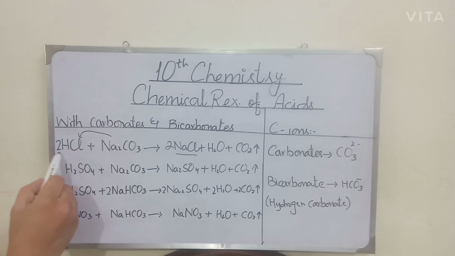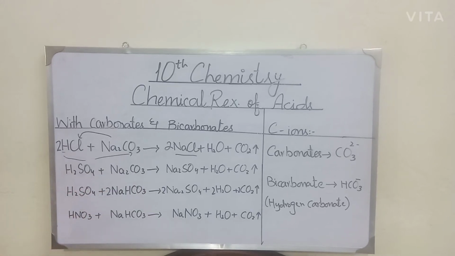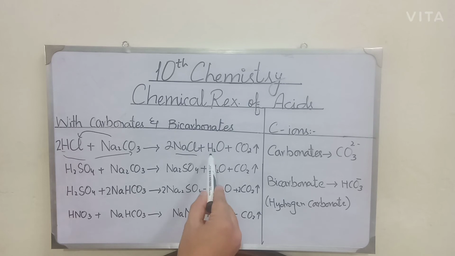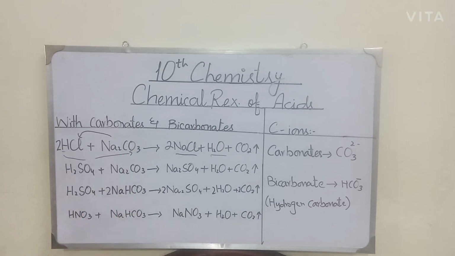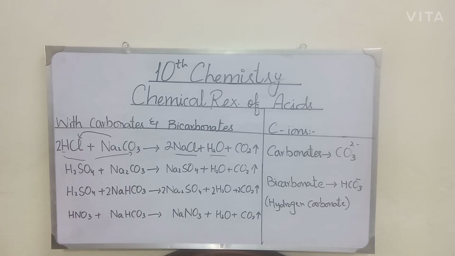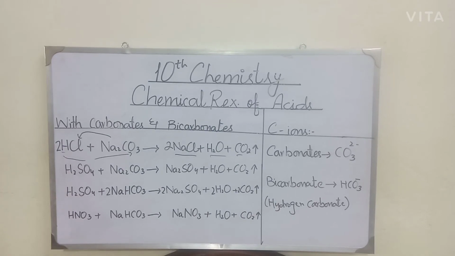Similarly, hydrogen of the acid reacts with the oxygen of sodium carbonate and it will produce water. And at the end, the carbon and oxygen react with each other and they will produce carbon dioxide gas. So according to this reaction, NaCl salt, water and carbon dioxide gas are produced.